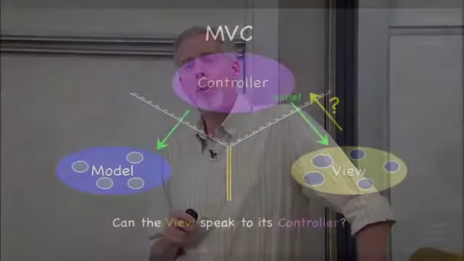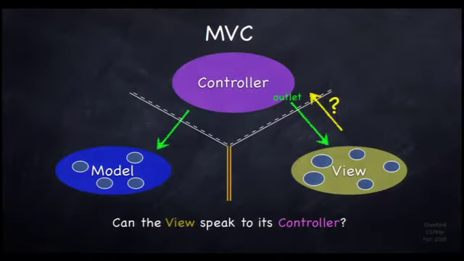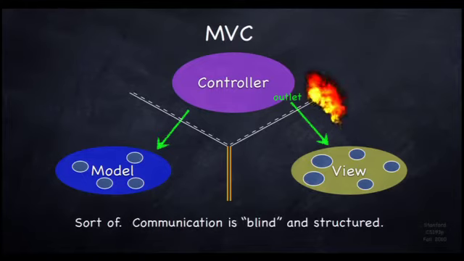How about the view speaking to the controller? Can the view send messages to the controller? You might think, sure, the view needs to talk to the guy who's controlling the whole UI experience. But the answer there is sort of. You do not want these objects in the view, which are generic objects like a button or a slider, and might be written by someone else like Apple, to be importing the header file of your controller.